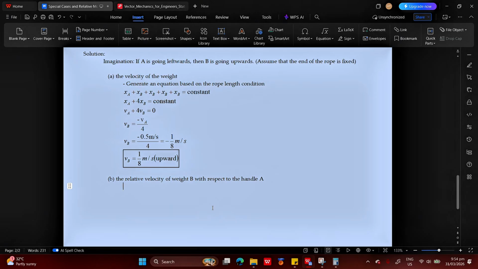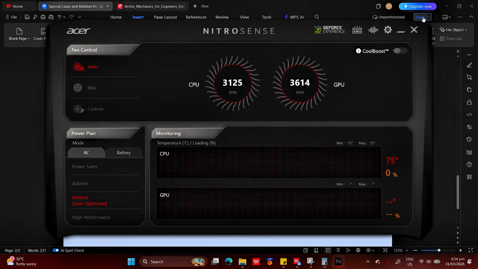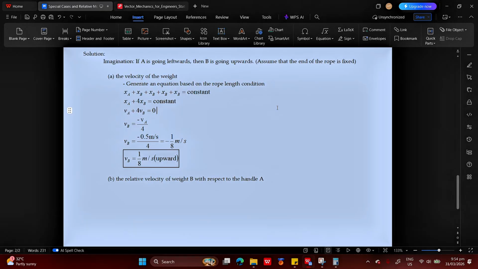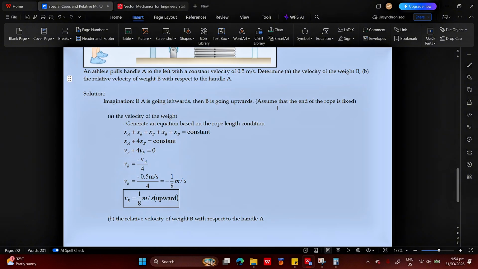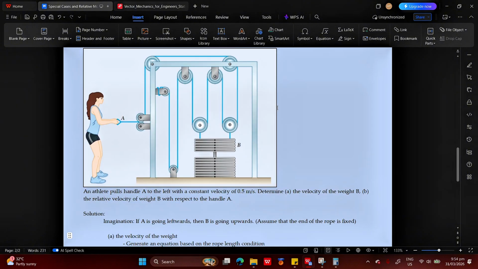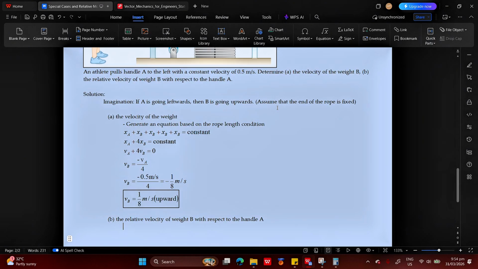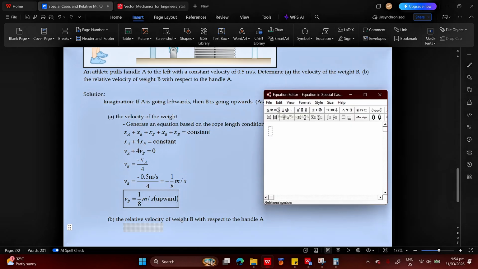As you see, I already told you in my last video that the relative velocity of two values, if they are not the same in direction, is that you need to get the vector difference of the two. So since leftward versus upward, horizontal versus vertical, you need to get the hypotenuse.